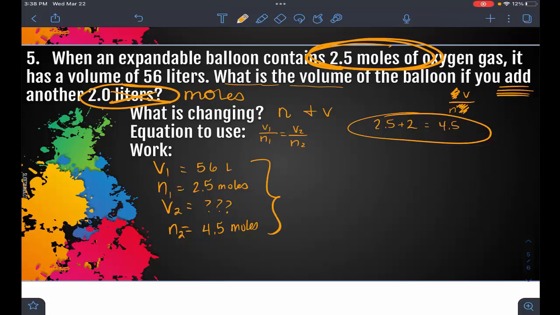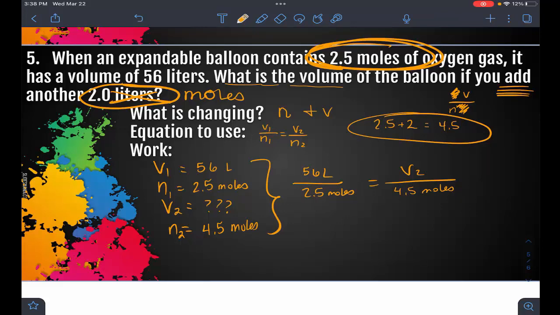Okay, we are ready to substitute. So V1 is 56 liters over N1 is 2.5 moles equals V2 is our question mark, and N2 is our 4.5 moles.